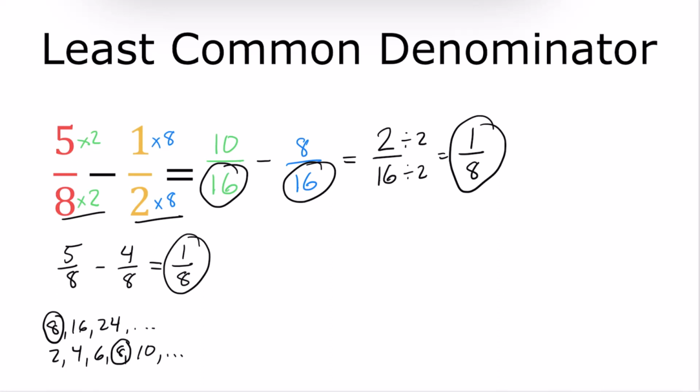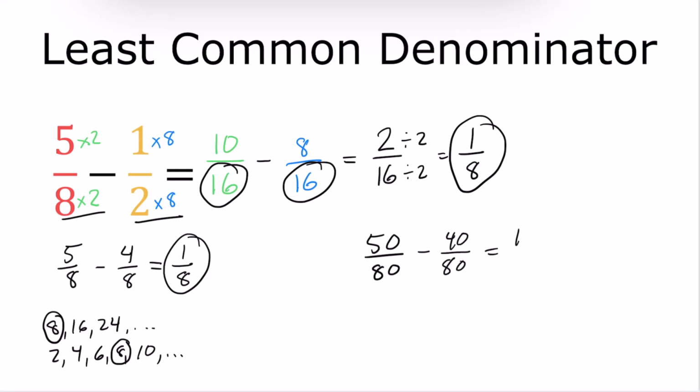And technically, this is not the only way you can do it, because there's an infinite number of common denominators you could use. Like, for example, maybe you could do the common denominator of 80, and you would have 50 over 80, because if you multiply the top and bottom of 5/8 by 10, you get 50/80ths. And then 1/2 in terms of 80ths would be 40/80ths.